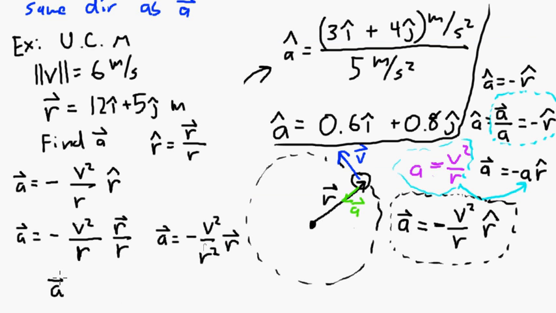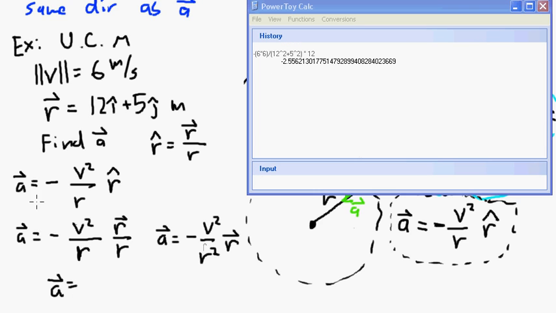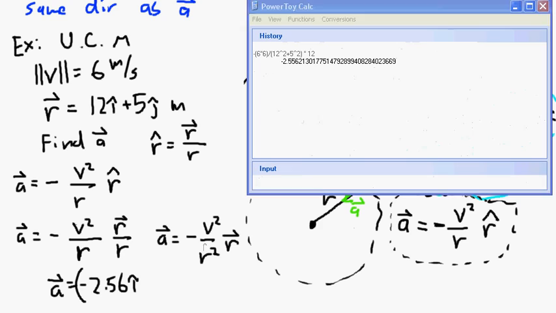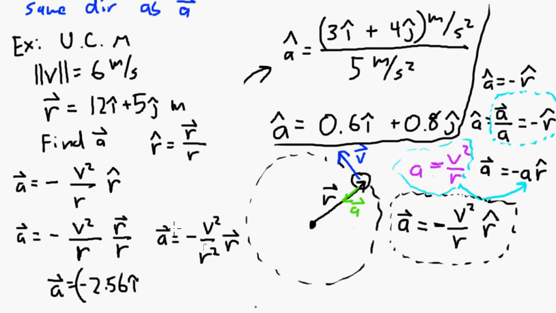So a equals negative 2.56 i hat, and let's try it with 5, negative 1.07 j hat meters per second squared. And so right there, that's our answer. That's our actual vector acceleration there.